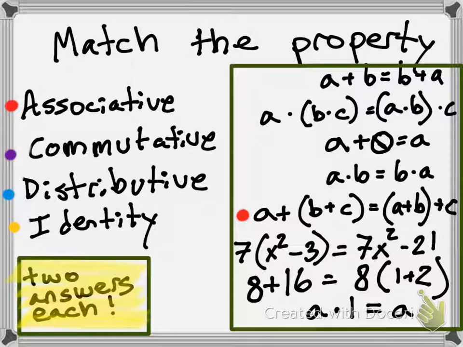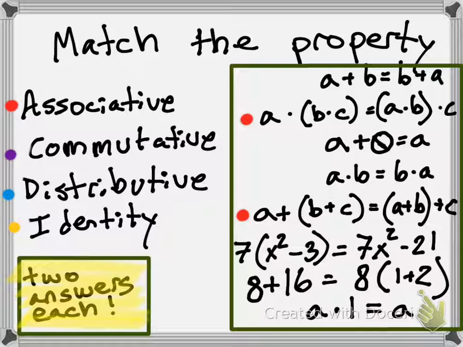Yes, A times, in parentheses, B times C is equal to, in parentheses, A times B times C. Notice that those are ones that have parentheses with it. It's kind of helpful when you see that because you know that that's associative property. It doesn't always apply, but we know that if we're looking for a property and it has parentheses, we can eliminate the commutative and identity.